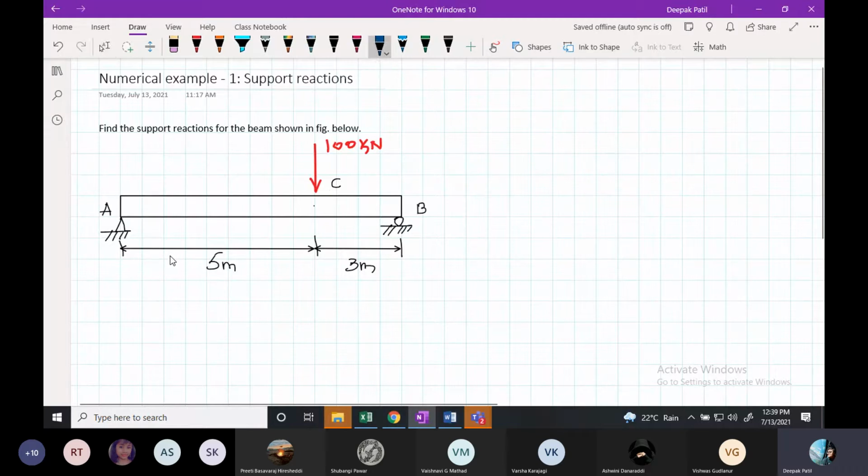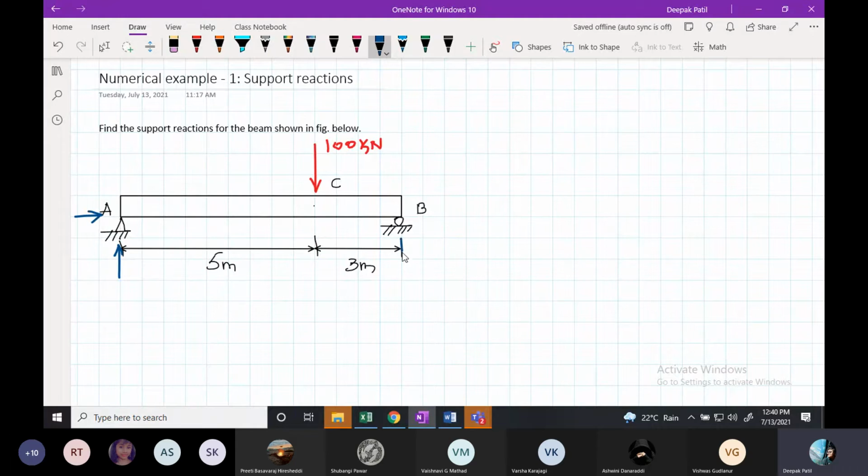First we need to mark the support reactions. I told you where the reactions will come at the supports. Here it is a pinned support and here we have a roller support. For a pinned support, there will be two reactions: the vertical reaction and the horizontal reaction.